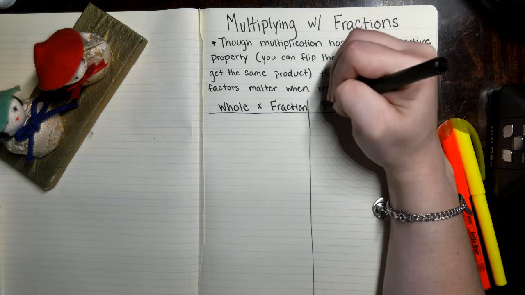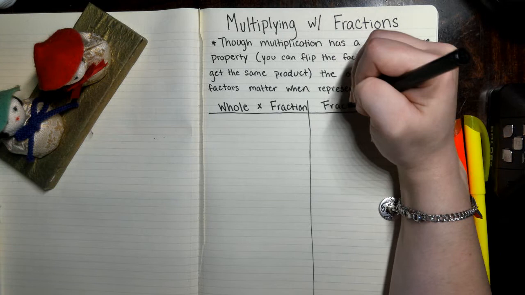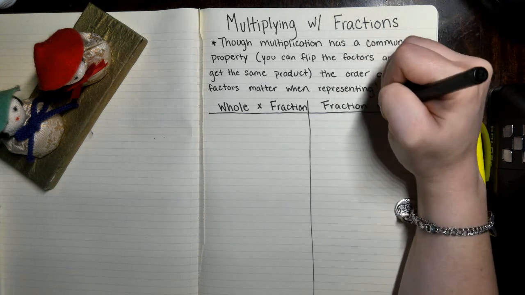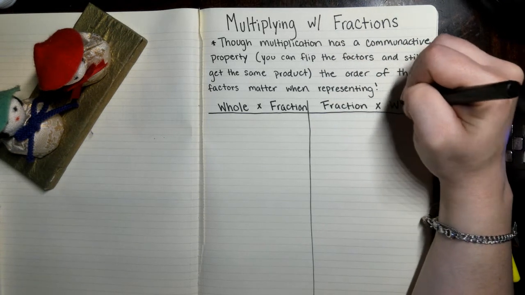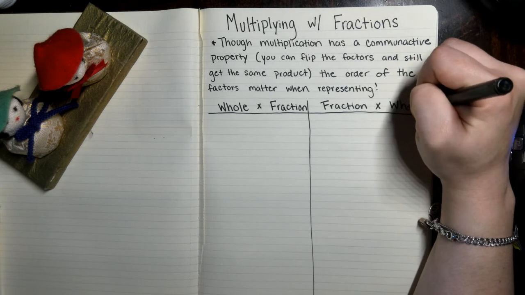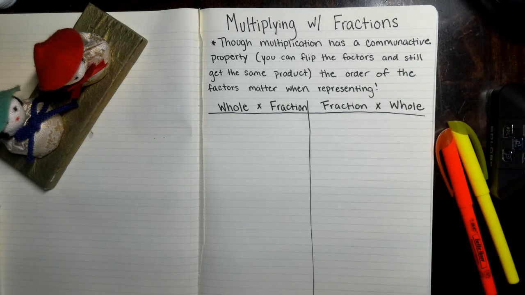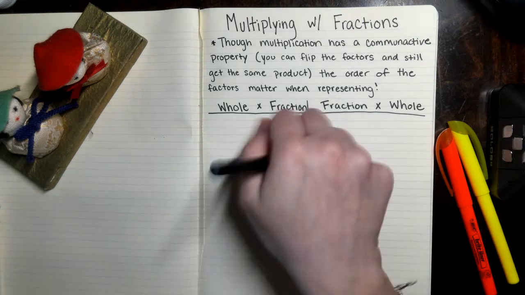And on the other side, we'll do fraction times whole. Because again, even though I can flip them, it is going to matter which model we actually use to represent both of these problems.